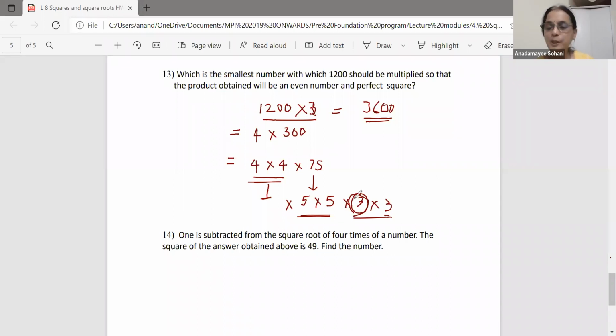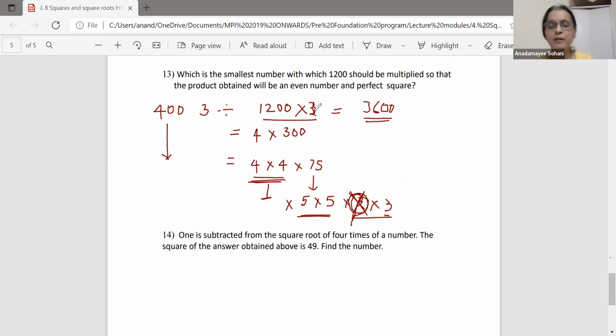And even if I divide 1200 by 3, what am I doing? I am removing this unpaired factor. If I divide 1200 by 3, I am removing this unpaired factor, then I will get 400, which is also a square number, because now in 400 there will be one pair of 4 and one pair of 5.